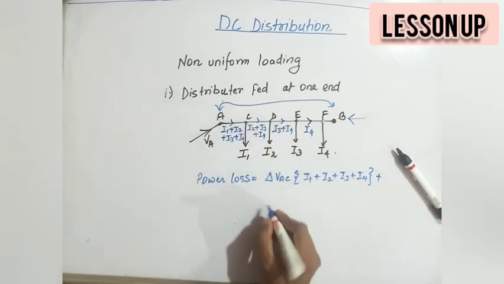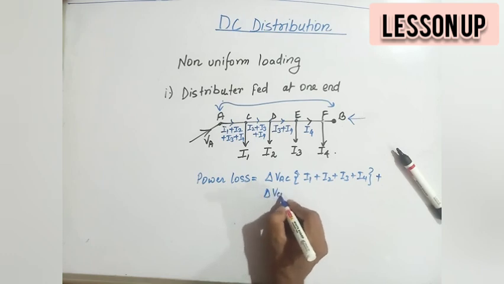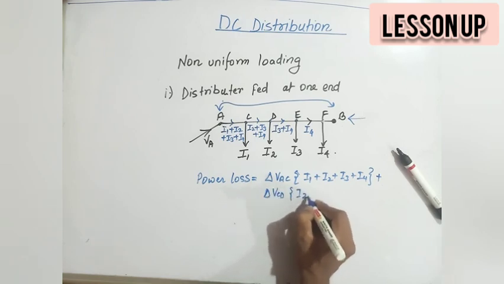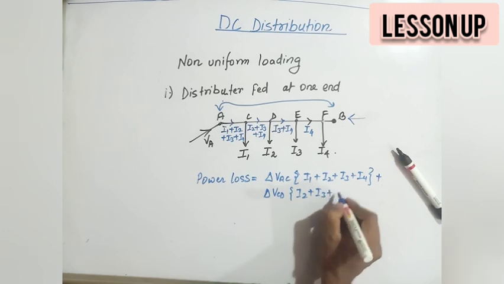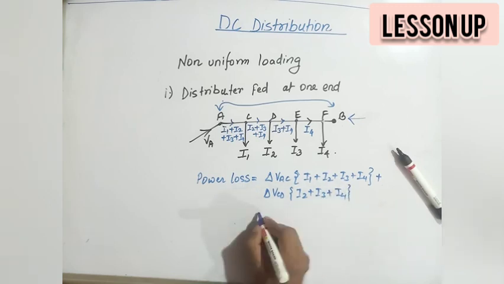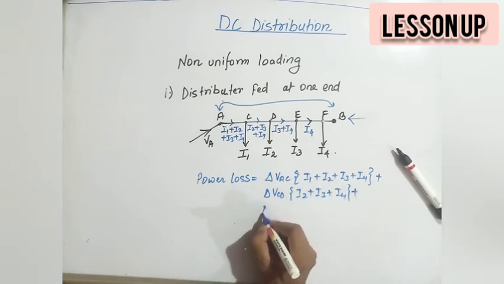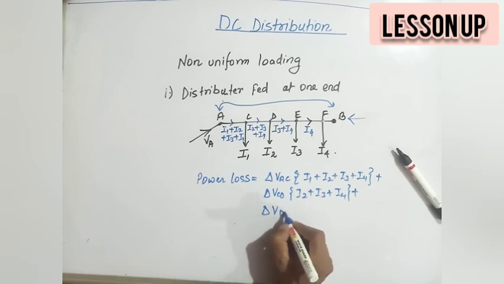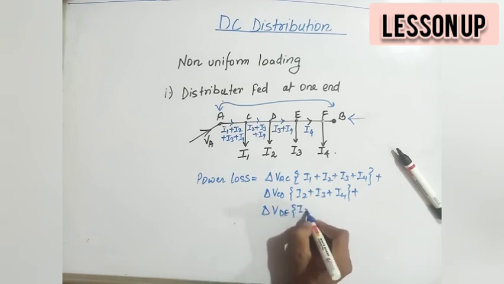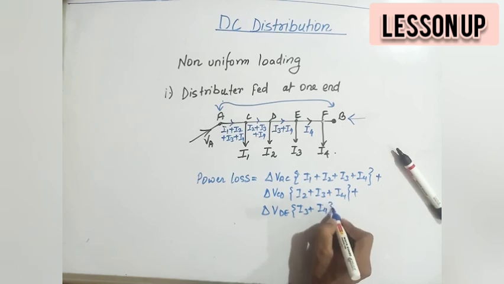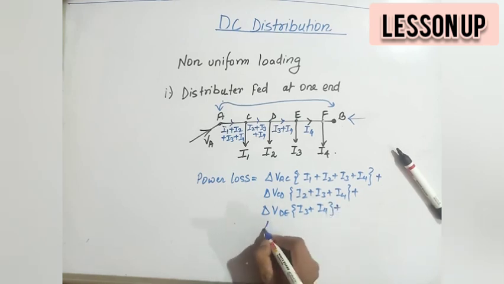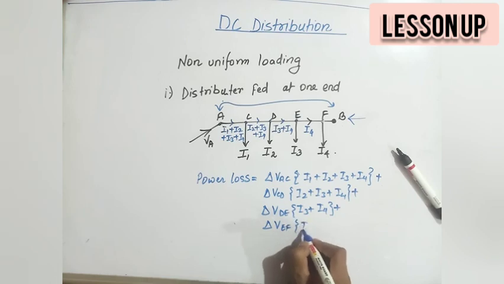The power loss between C and D is del VCD into I2 plus I3 plus I4, plus del VDE into I3 plus I4, plus del VEF into I4.